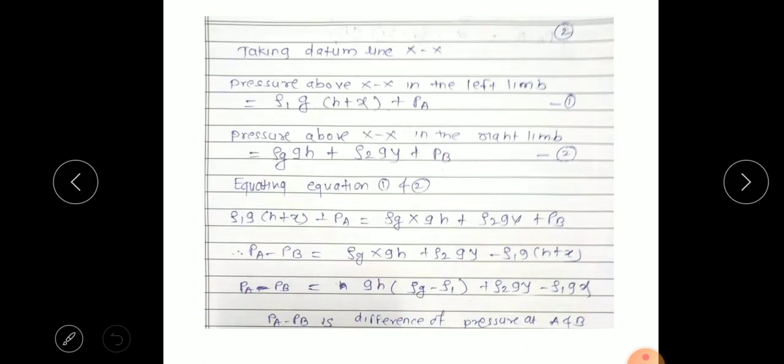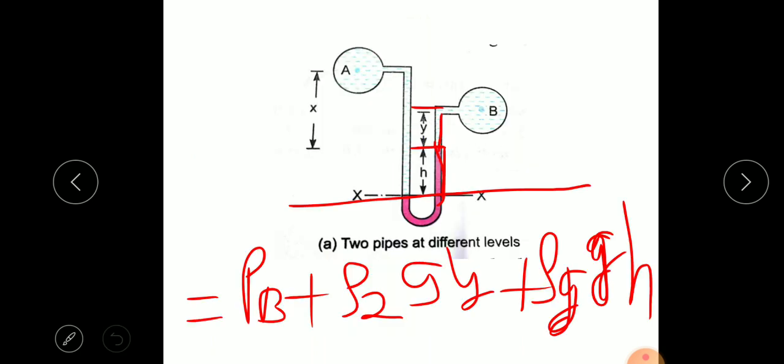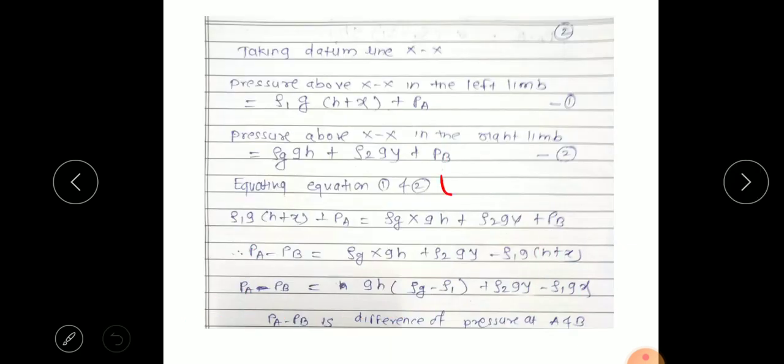So we can write this. I have written the pressure above the x axis in the left limb, and the pressure on the right side. These two pressures we have considered. Pressure at a horizontal level is the same. So at xx, equating equation 1 and 2, we get rho 1 g (h plus x) plus pA.